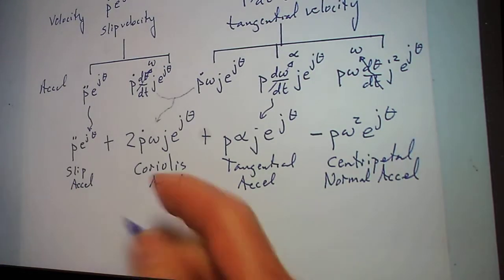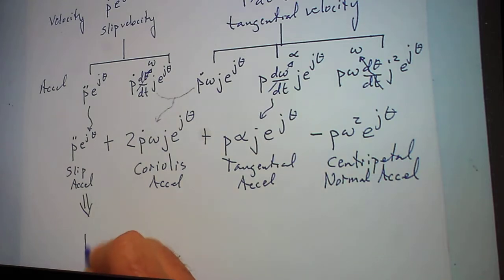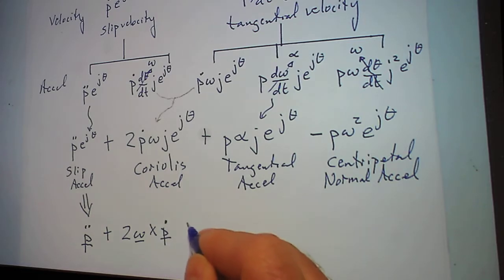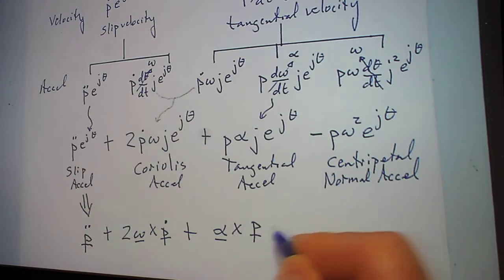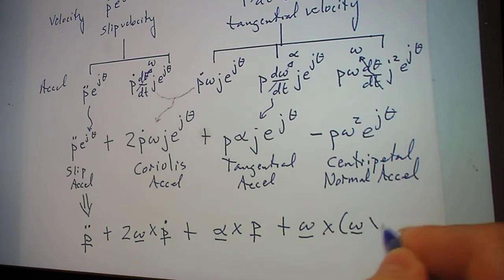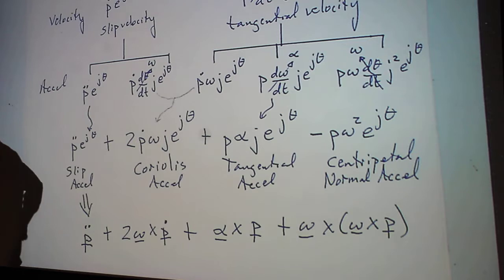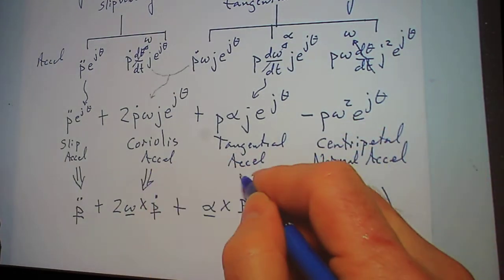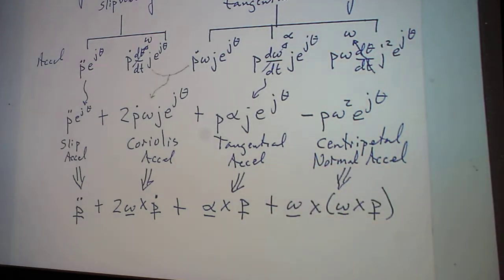So if I further want to write this here, this right here is P double dot plus 2, this is really a vector, so let me put a line under it, 2 omega cross P dot plus alpha cross P plus omega cross omega cross P. So when you took dynamics, is that EMC 310?